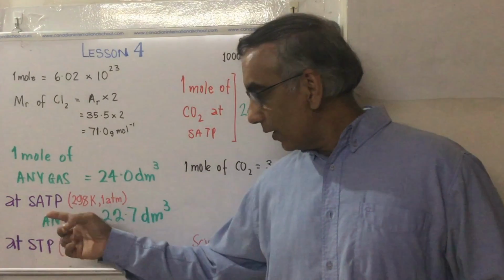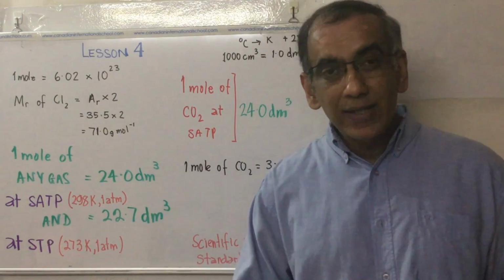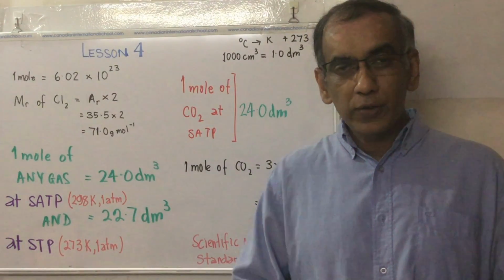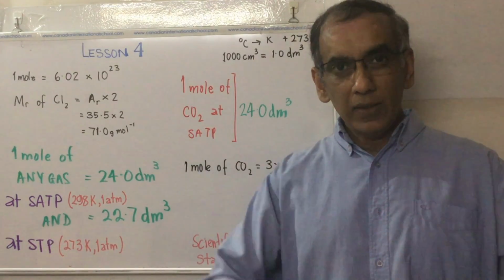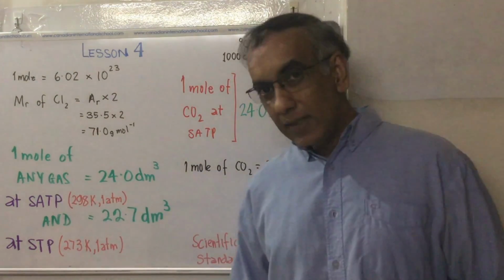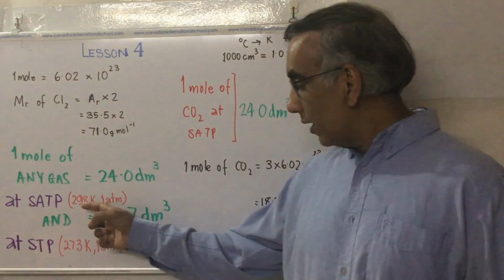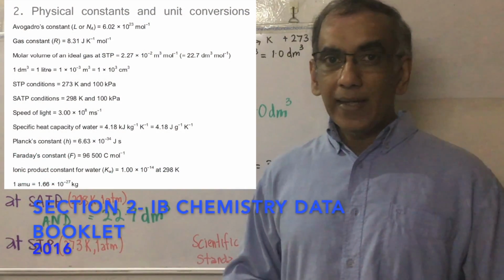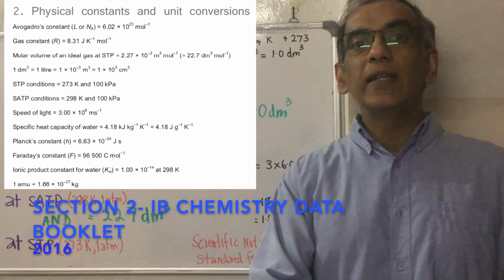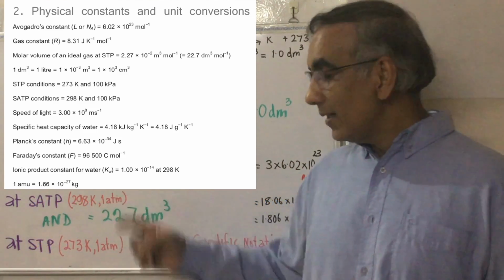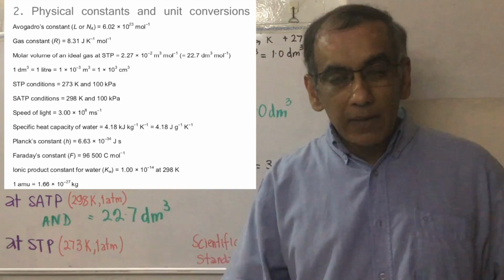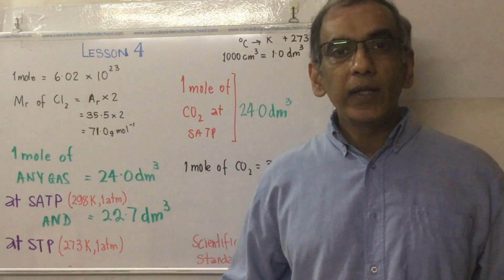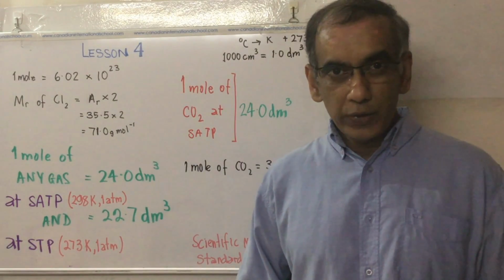The SATP conditions are 298 Kelvin, and you get that by adding 273 to 25 Celsius, and 1 atmosphere of pressure. At sea level, we have 1 atmosphere of pressure.